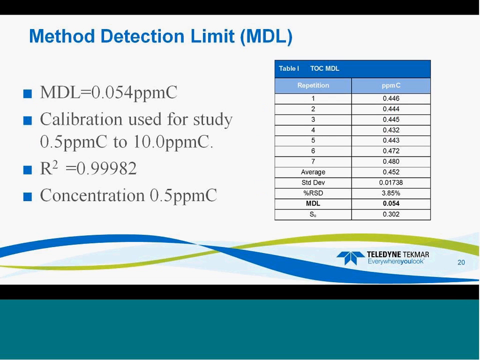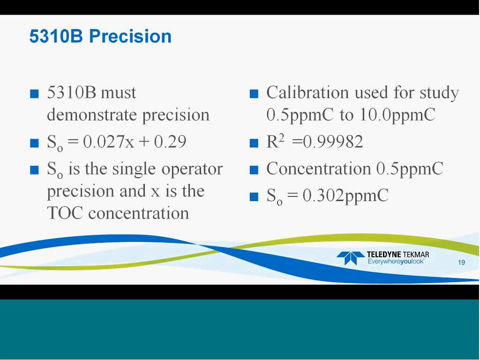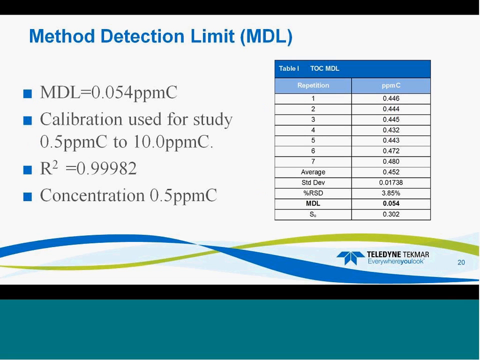So it's linear, and we ran samples in a row, and as you can see, they're less than 0.02 apart, which means they're precise. And as well, even though it's not required, we ran an MDL. The MDL was 0.054 ppm, so that's 54 ppb.